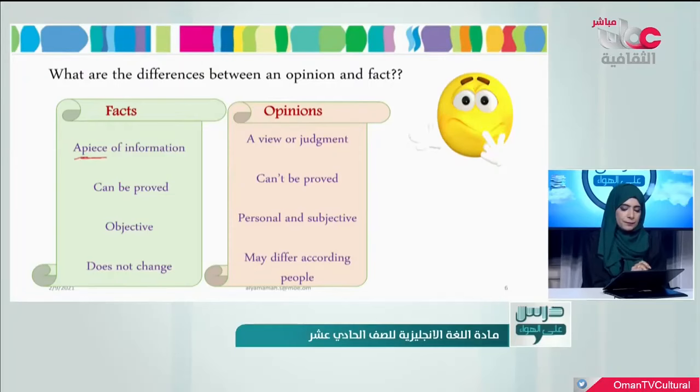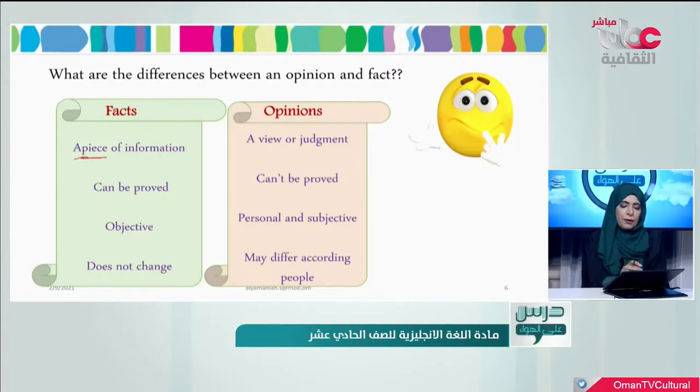Objective: it is not related to any person. It is a universal thing, a realistic fact or information. It doesn't change. As we said before, the sun is shining every morning. We cannot say the sun is shining in the evening, because this is not acceptable.